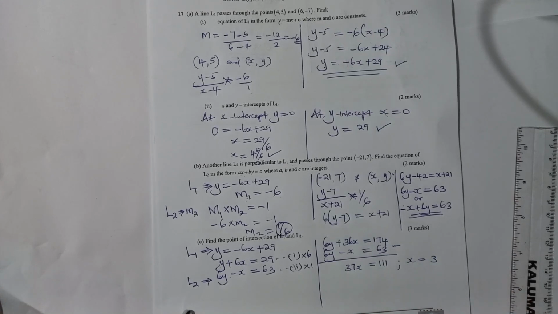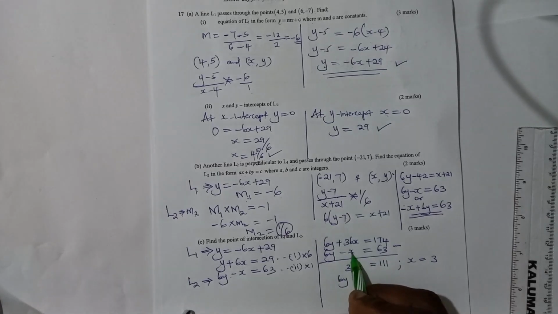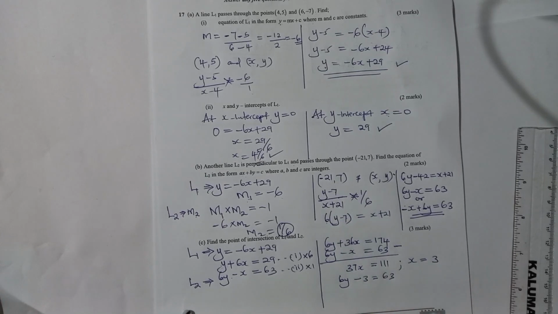So x is 3. I can now use substitution to get the value of y. I can use this equation, 6y minus x, I've already obtained x is 3, is equal to 63.